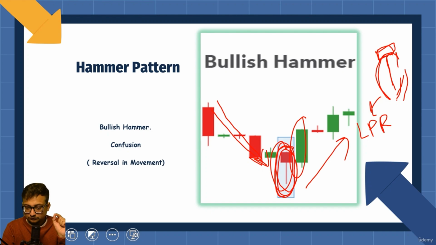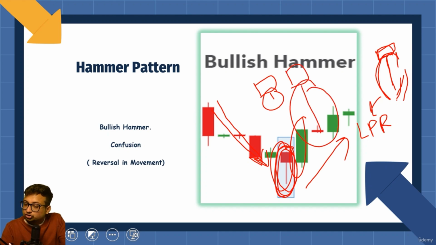So if the candle is like this, it is also LPR, and if the candle is like this, it is also LPR. But this is a very strong hammer compared to this candle. Why? Because the LPR, lower price rejection, is very big here.